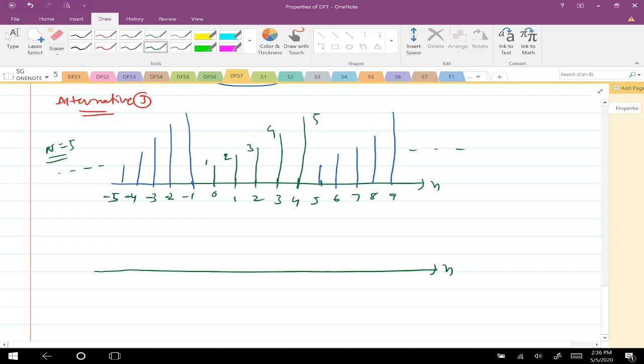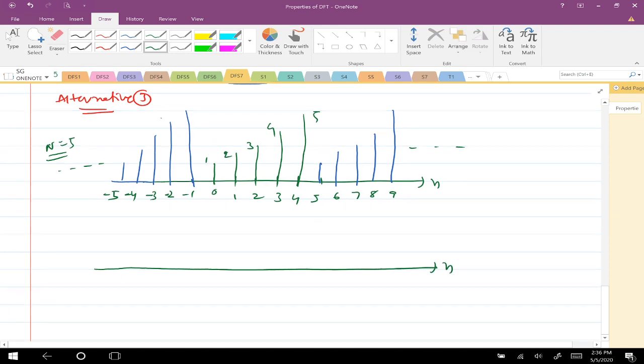So what will you get then if you are shifting it? 4 would come here, and 5 would come here at 2, and of course then this 1 2 and 3 would be there.